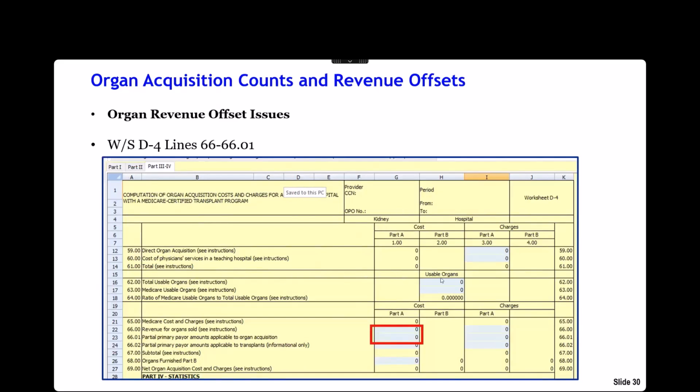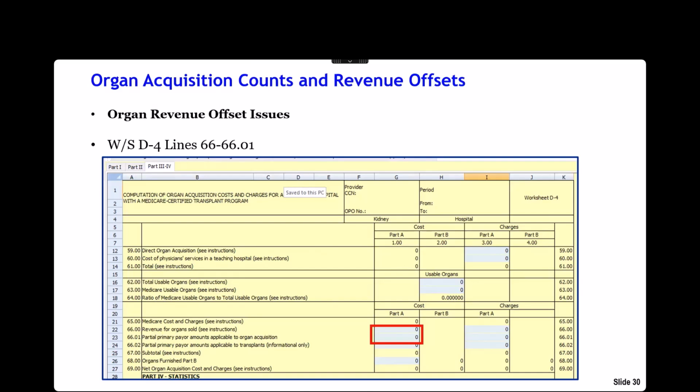Then that's multiplied by the Medicare organ ratio, which again, I said we basically take line 63 divided by line 62 to get that ratio of Medicare organs. Whatever your cost is multiplied by the Medicare organ ratio is the allowable cost. However, that needs to be offset by any other revenue that relates to these organs, whether it be revenue that was received from the sale of organs.